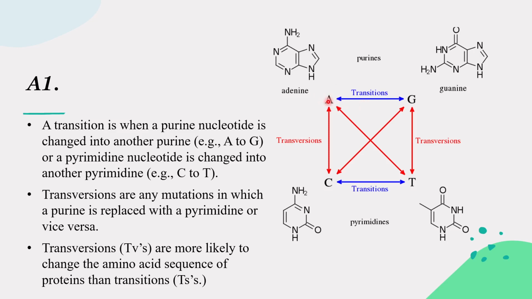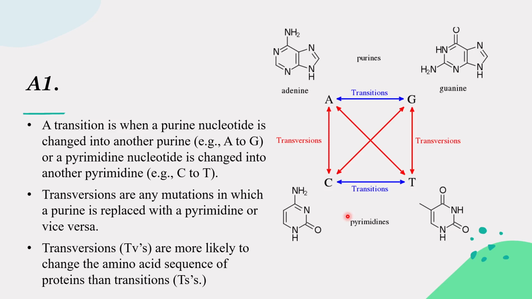If adenine may be converted to thymine or cytosine, because it has been changed to a pyrimidine, it will be called transversion. Same as you can see in this simple schematic representation. Transversions are any mutations in which a purine is replaced with a pyrimidine or vice versa.